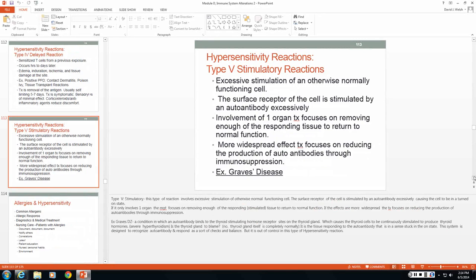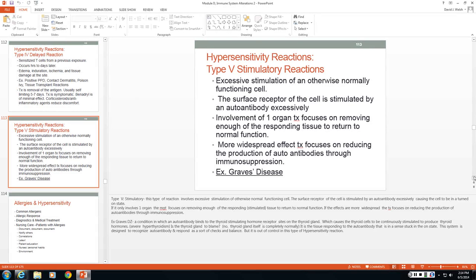So type 5 hypersensitivity, which is stimulatory reactions. This type of reaction involves excessive stimulation of otherwise normal functioning cells. Now, the surface receptor of the cell is stimulated by an autoantibody excessively, causing the cell to be in a turned on state.